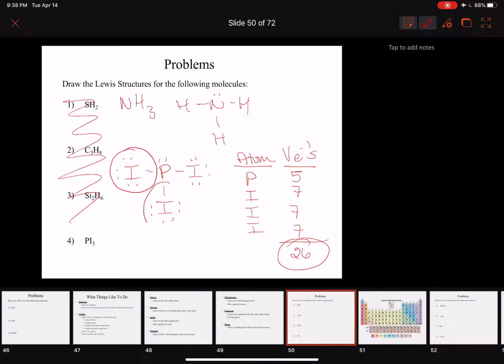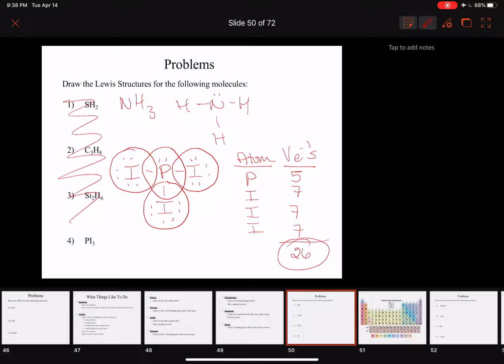The same with this iodine right here, 2, 4, 6, 8. And the same with this iodine right there. So those all have octets, so we're good there. Now the phosphorus in the middle has 3 bonding pairs, so that's 2, 4, 6, and then a lone pair, which makes 8. And so we have an octet for phosphorus.